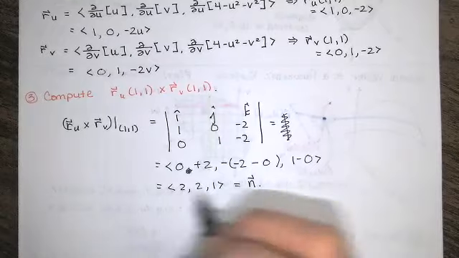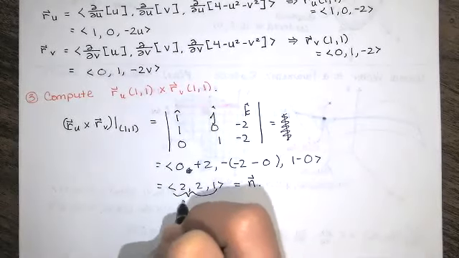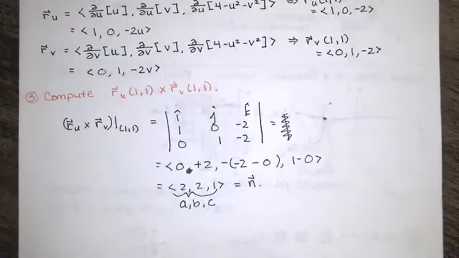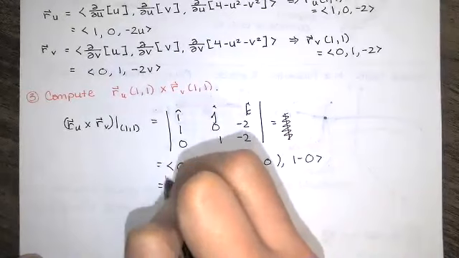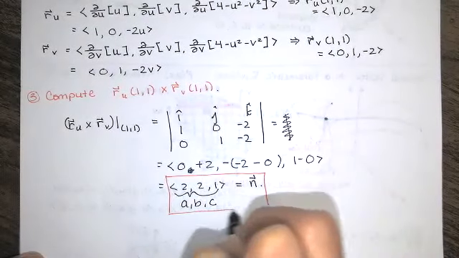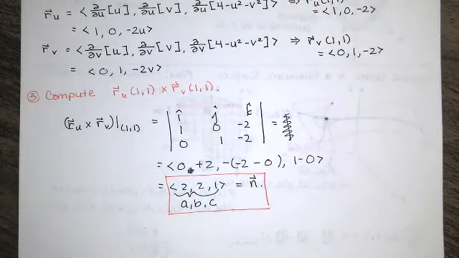That's our normal vector. Those are our components A, B, and C. And then if somebody asked you for the normal vector, we would be done. We answered that question. The normal vector to the surface at that point is 2, 2, 1. Now we were also asked to find the tangent plane.